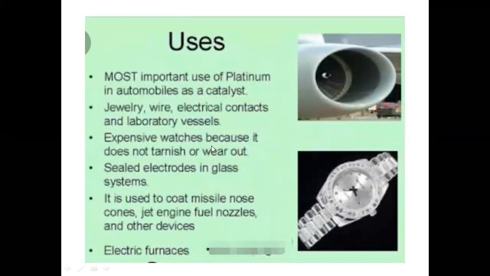Expensive watches, because platinum, you know, is a stable metal, and it does not tarnish or wear out after rough use. Electrodes are also made of platinum, and it is used to coat missile nose cones, jet engine fuel nozzles, and other devices as well. Electrical furnaces are also made of platinum.